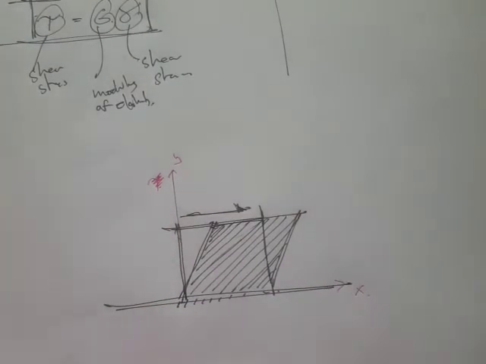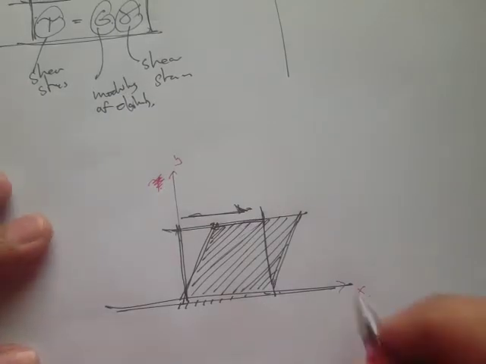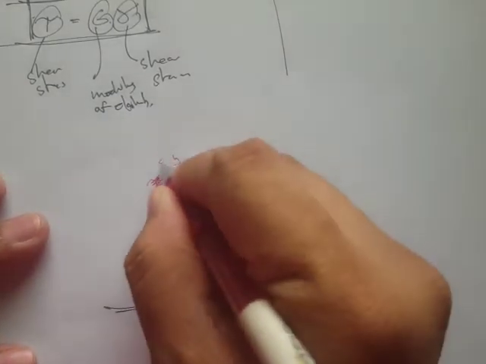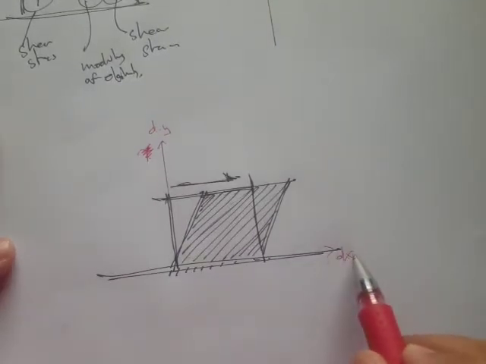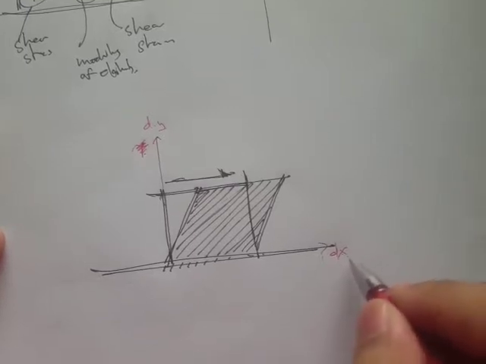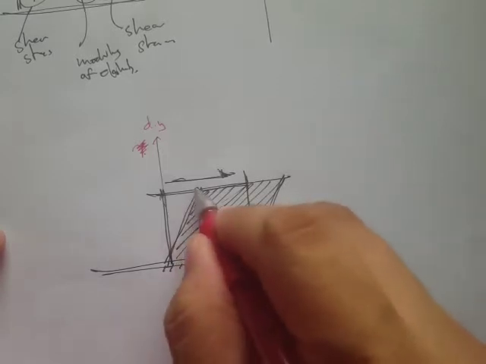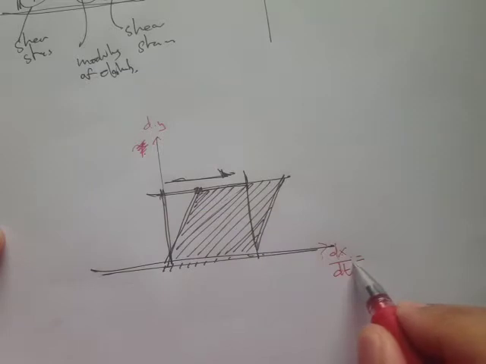But since this is a differential volume, this must be dx, and this will be dy. Now, since this is a rate, because it continuously deforms, then we have dx over dt, right? The change of position per unit time.